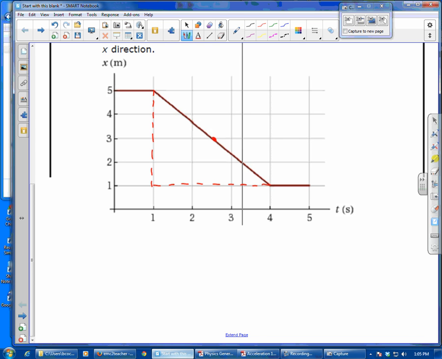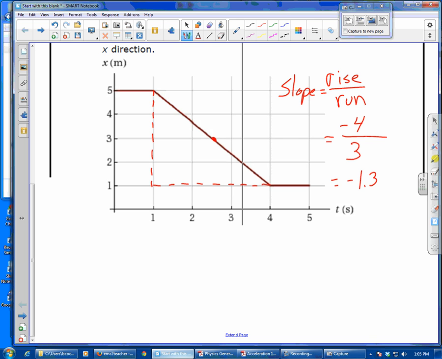So what's my rise? My rise is 4. So I'm looking for the slope, which I know is rise over run. And my rise here is actually -4. What's my run? 1 to 4, which is 3. Gives me an answer of -1.33.